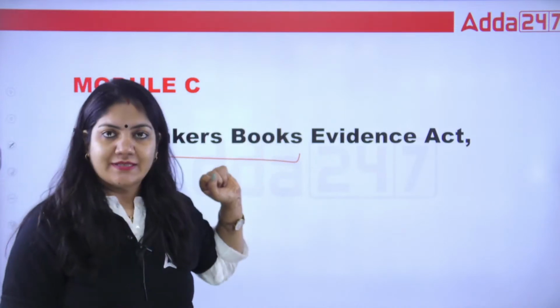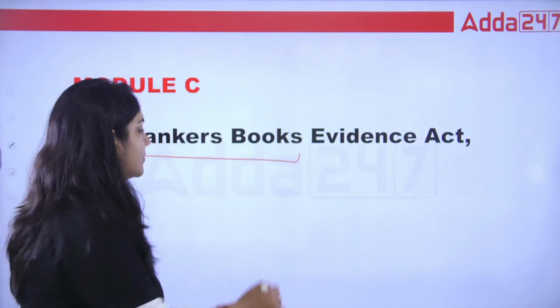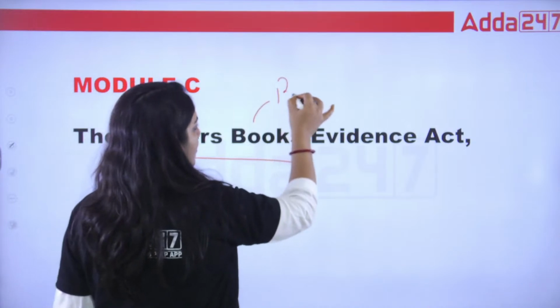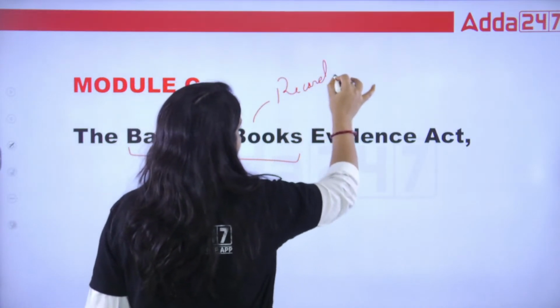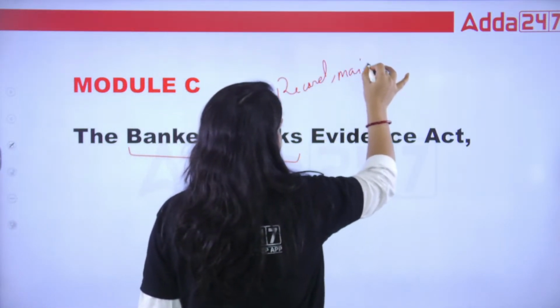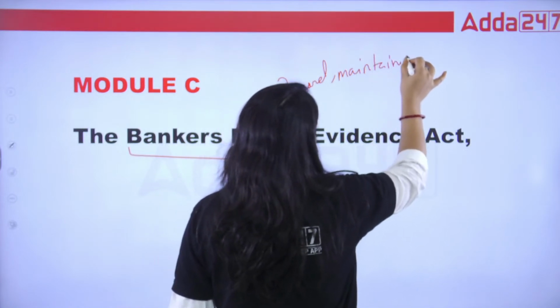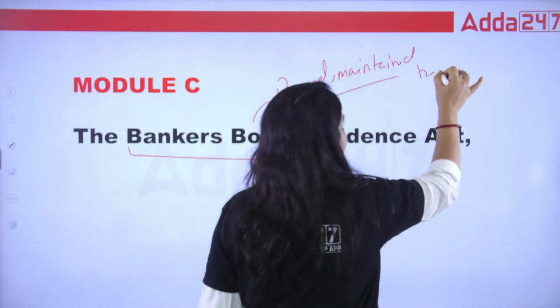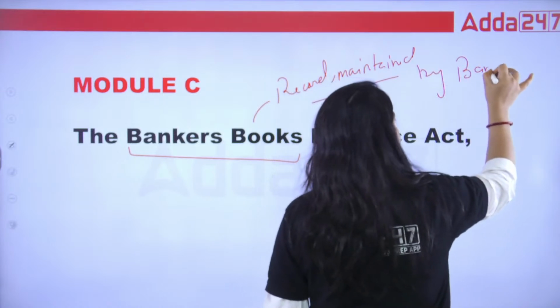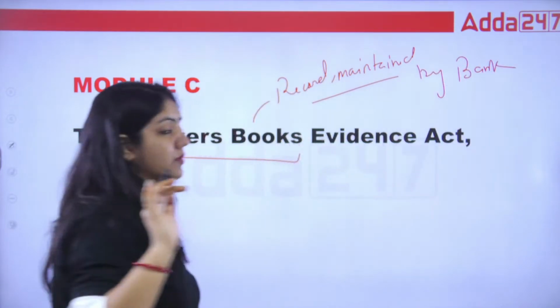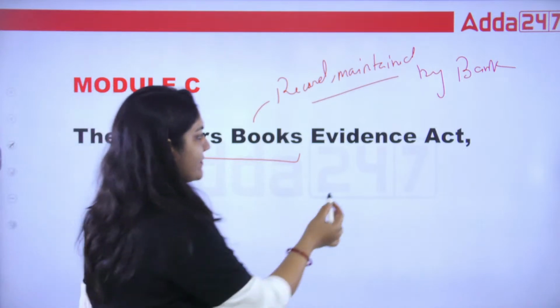That is written in the Banker's Book Evidence Act. So this book is nothing but the record maintained by the bank. This is called the Banker's Book. And what is evidence?